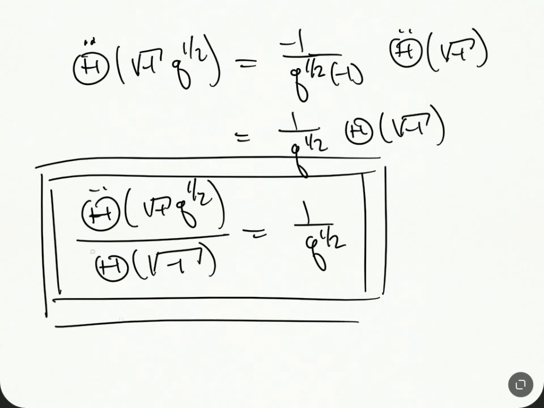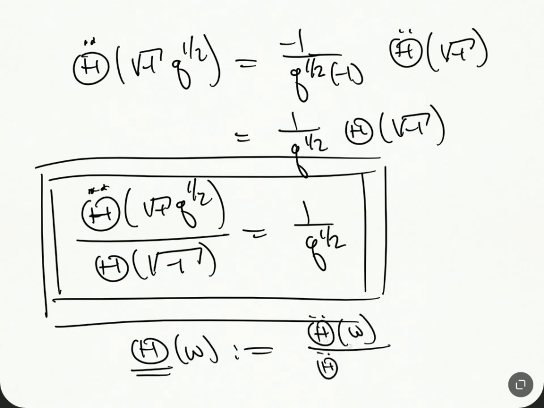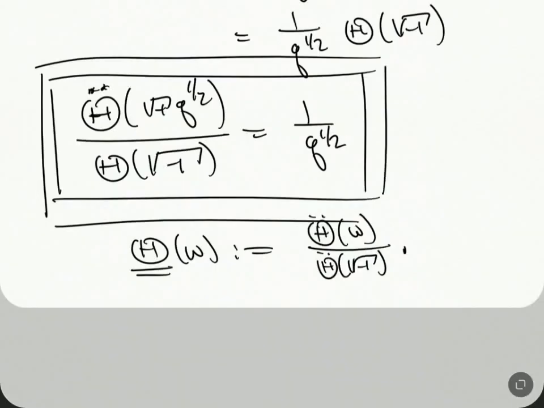Sometimes this function, Mochizuki calls this theta double underlined of w, so this is theta dot dot of w normalized again. So where we evaluate it at a torsion point, we can recover this value of the q parameter. That's kind of interesting. I mean, not so interesting, it's completely elementary.